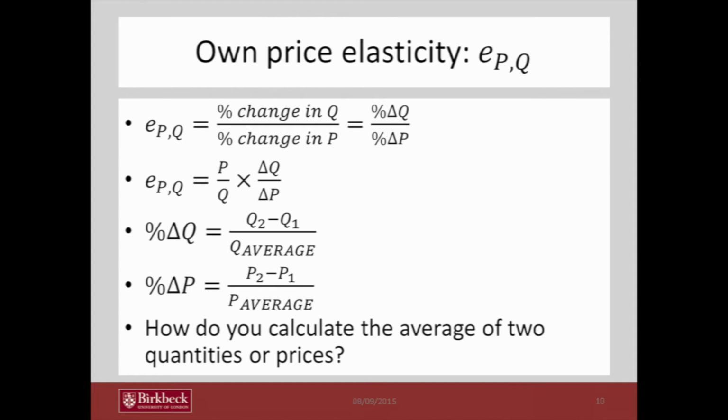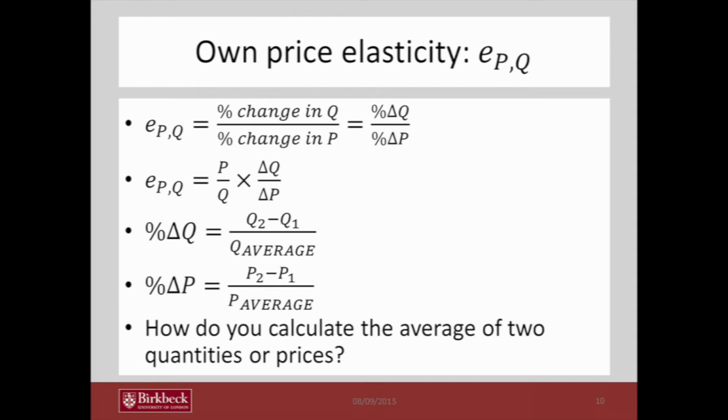If you break out what the changes are, you will find that it can be rewritten in a slightly different format. So the EPQ can also be calculated by price over quantity times the change in quantity divided by the change in price. Depending on what information is given to you, you would use one formula or the other.